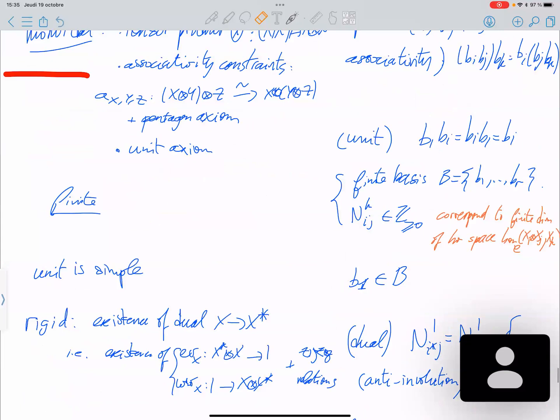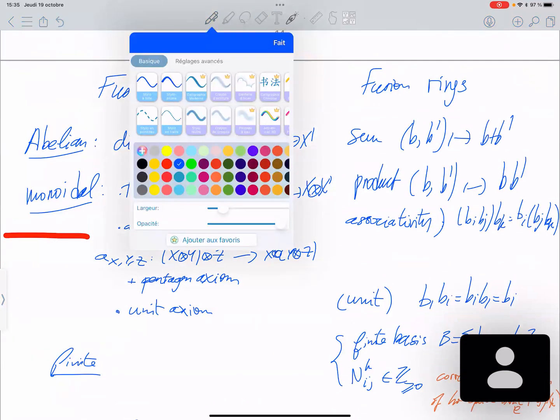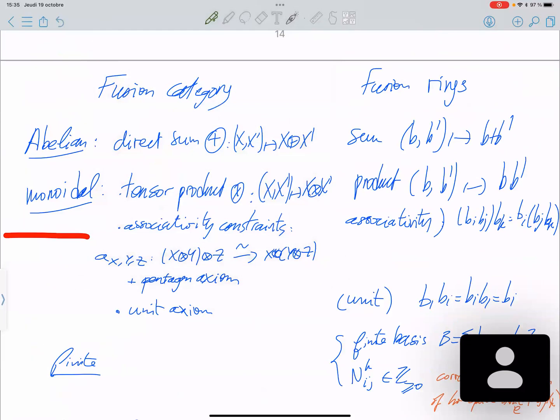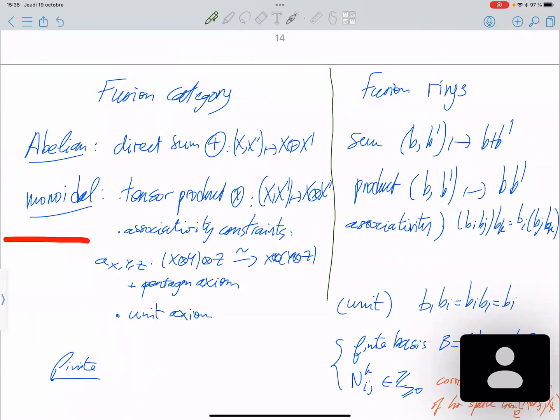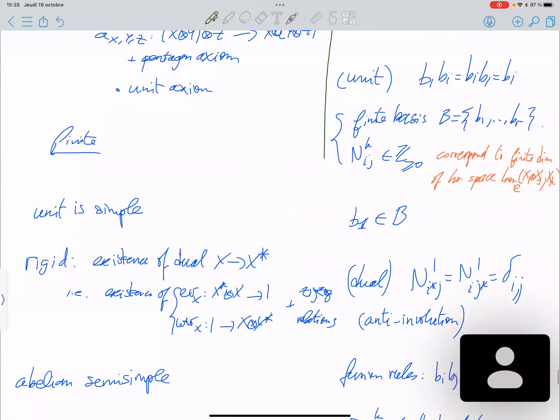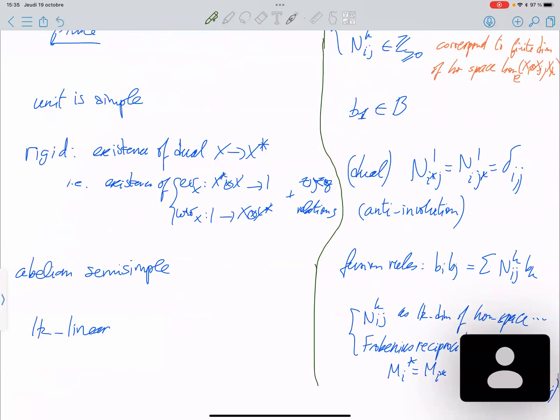Okay, so let me put another color for something nicer. One like that, for example.